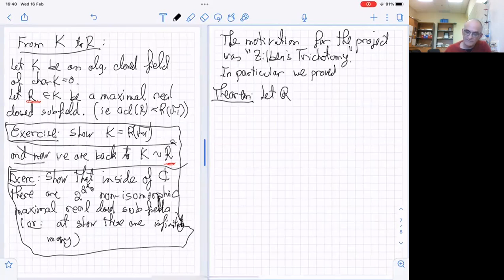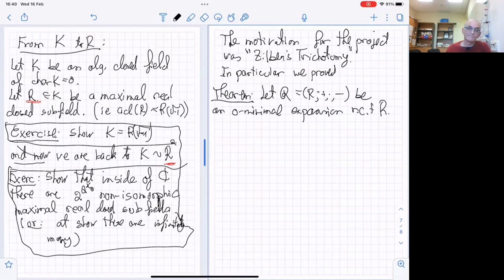Let R be an O-minimal expansion of a real closed field R. Let K be the algebraic closure, again identified with R squared.